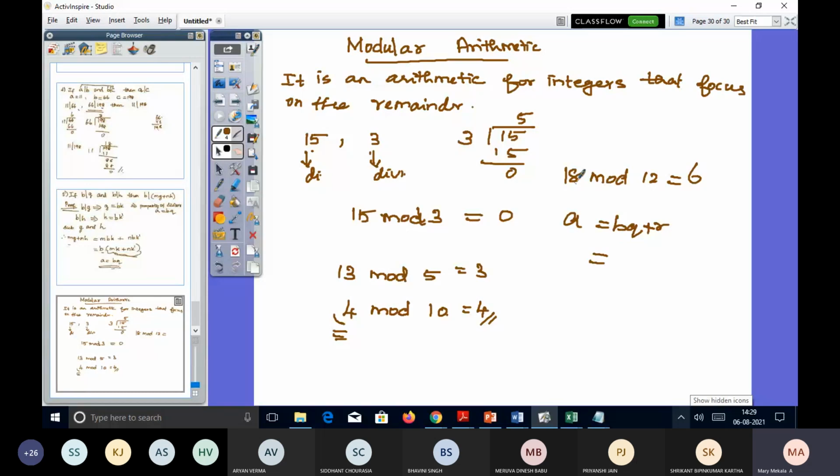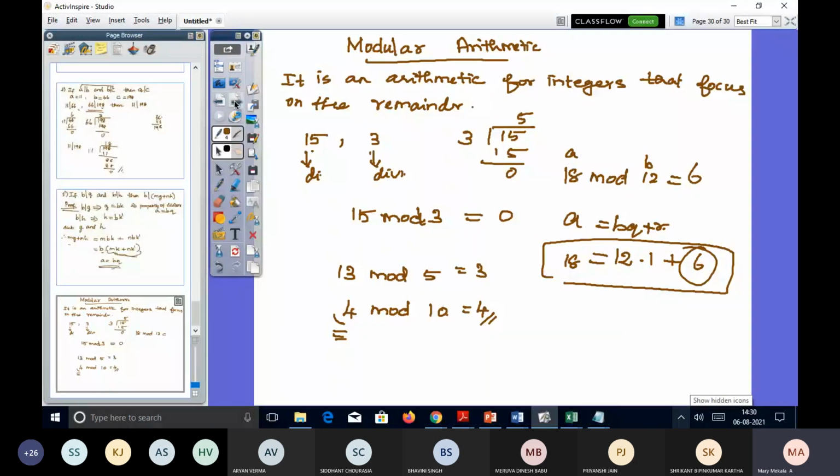This is A and this is B. It can be written as 18 is equal to 12 times the quotient 1 plus 6, where 6 is the remainder. Why I'm using this division algorithm here is because it will be useful for the next one, which has a negative value. We know what is quotient and what is remainder, so this can be represented in the division algorithm also.